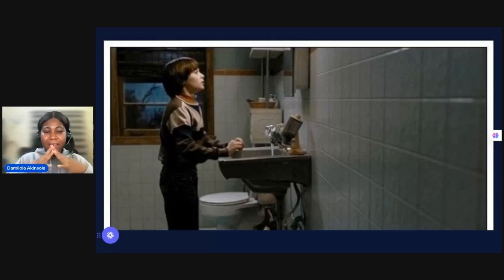What do we see here? I know we have a number of Stranger Things fans in the session today, and I wanted to relate API sprawl with something that we all can relate to. I couldn't think of anything other than Stranger Things because I'm a big fan, right? So in this picture here, we can see Will Byers in the restroom.